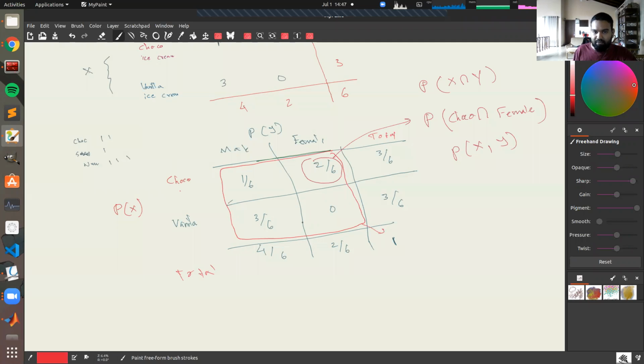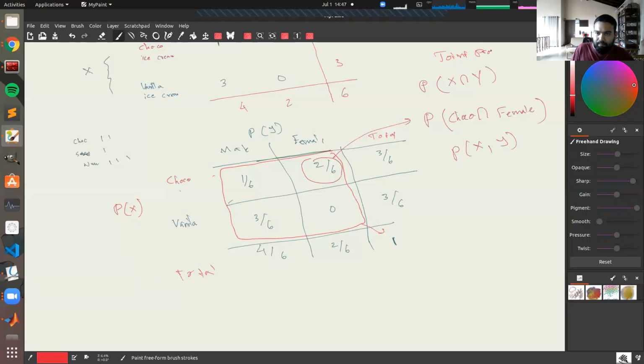So this itself is a probability distribution, P(X, Y). That's how you would read it: what's the probability that you're a particular gender and you like a particular ice cream? And then we have these totals. These totals also separately add up to 1. So this is the concept behind a joint probability, and this is the notation for it.